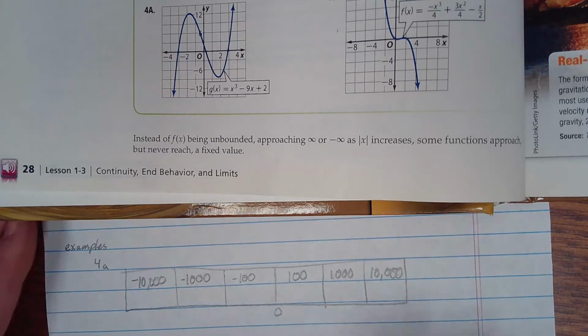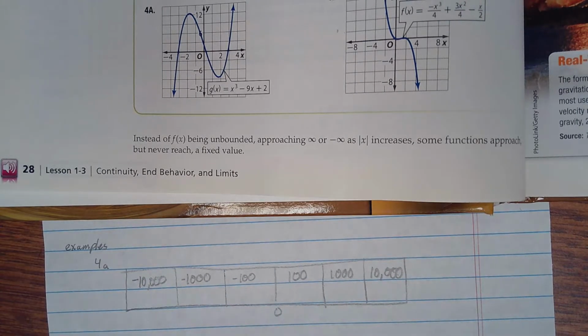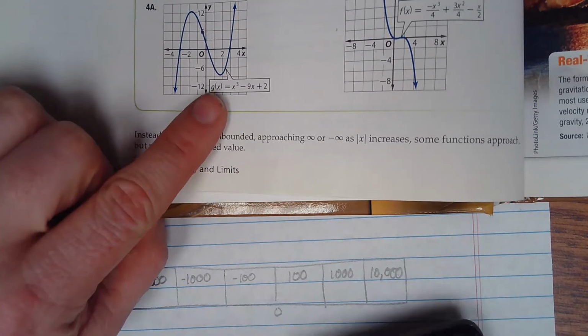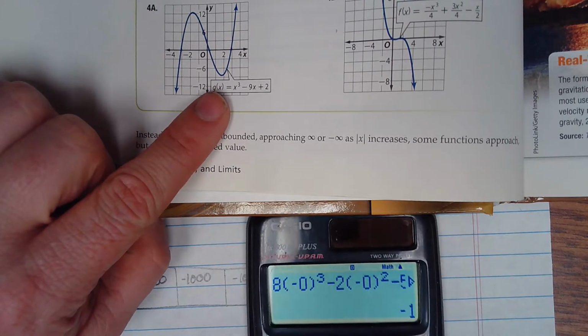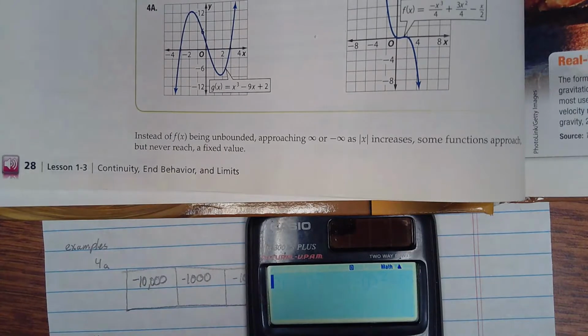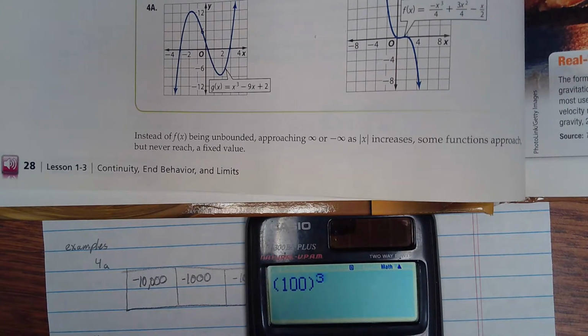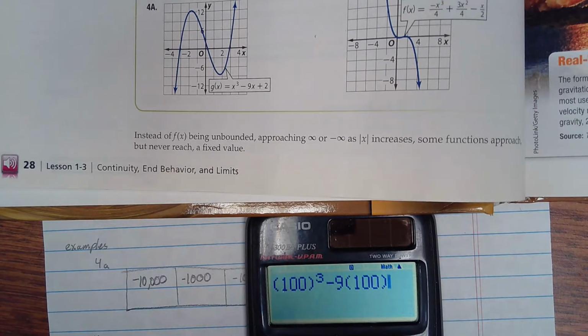Okay? Now I need to plug in numbers. My function is given here, so I'm going to type in this function: open parentheses 100 cubed, and then minus 9 times 100, plus 2.